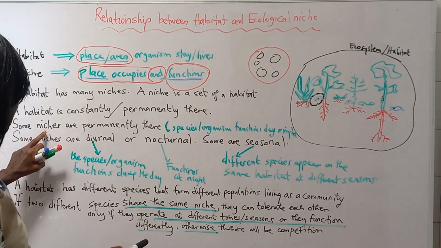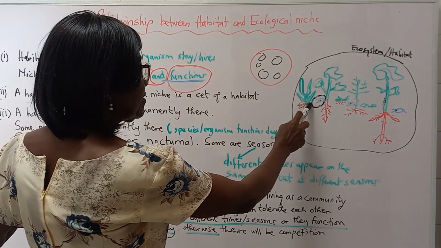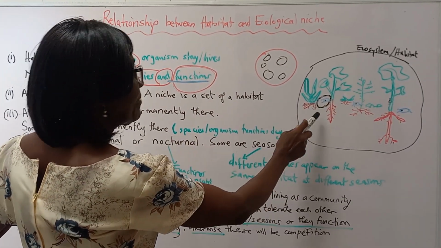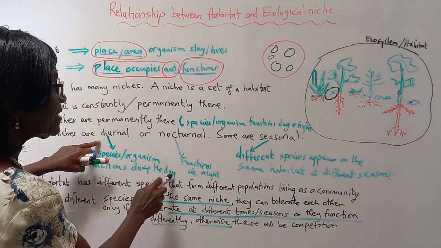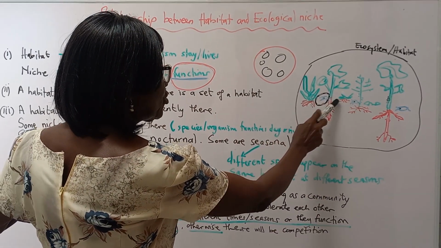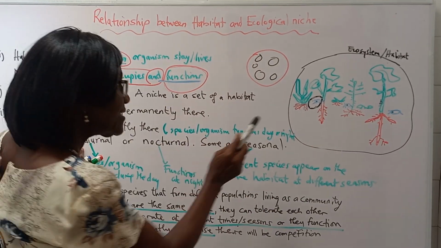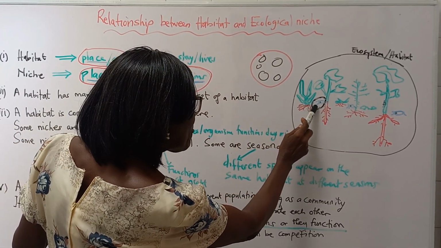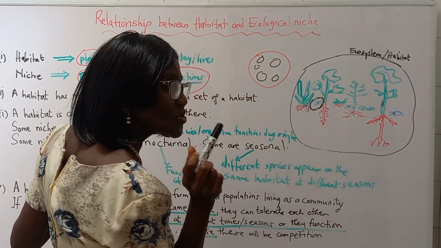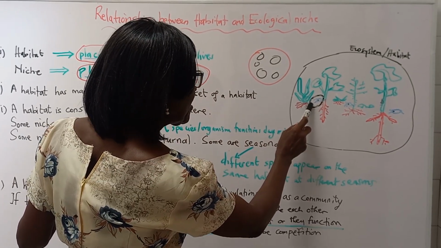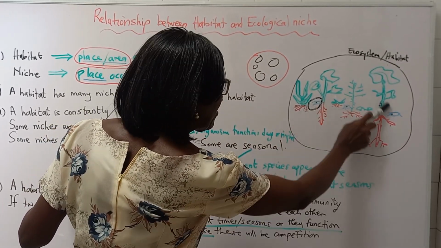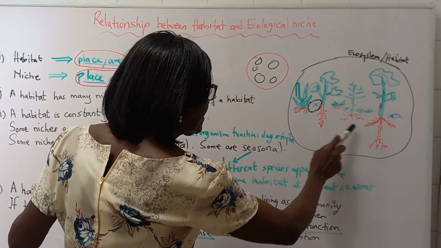However, some niches function only during the day, so some niches are diurnal. The species or the organisms operate during the day. In the night, they are there, staying somewhere in the habitat with some small functioning, breathing, excreting. But during the day, it's moving all over the place, excreting, eating, etc.